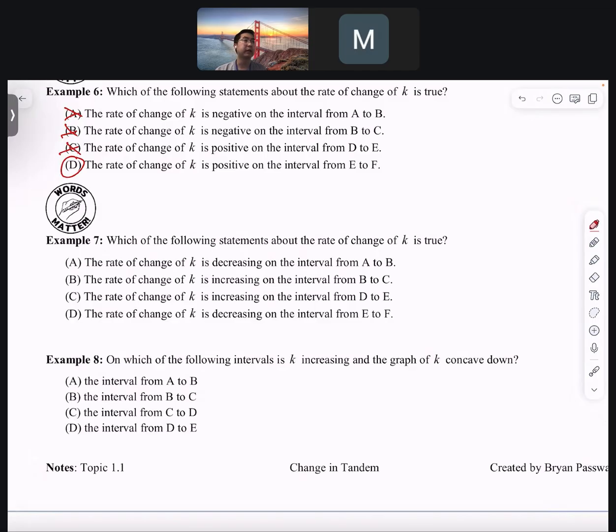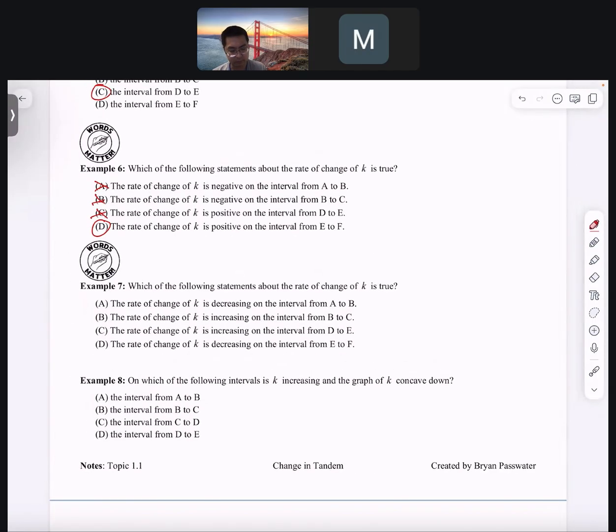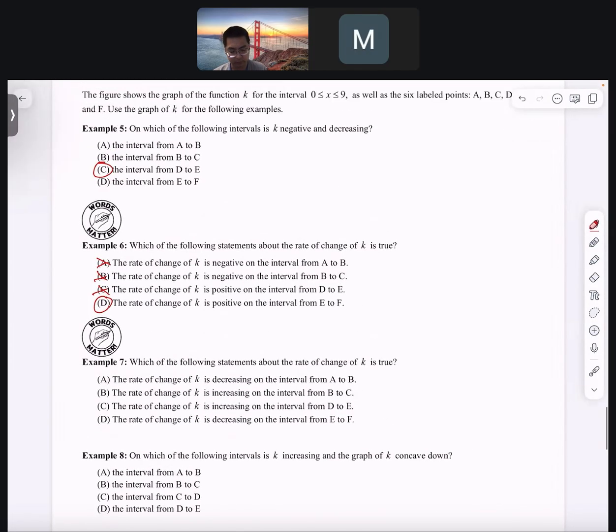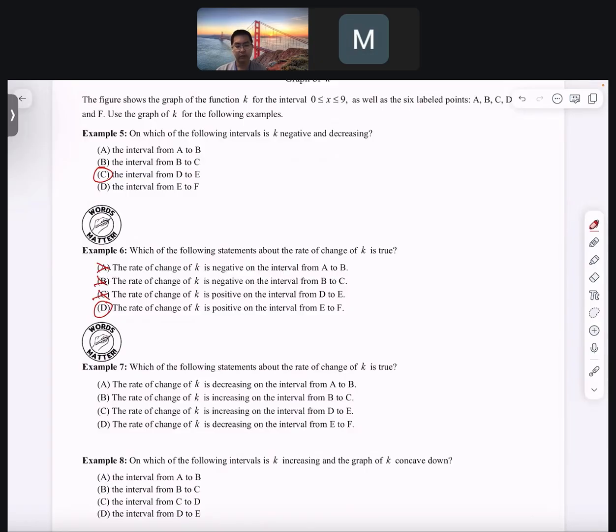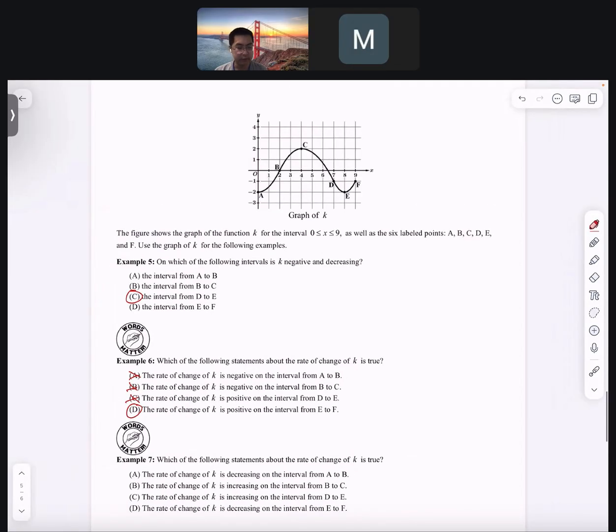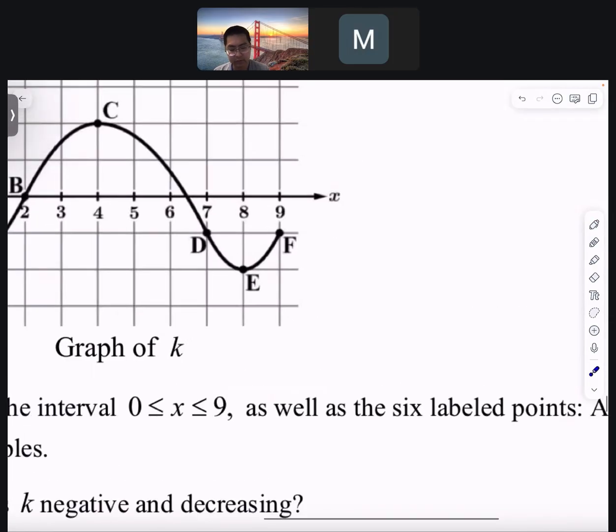Which of the following statements about the rate of change of k is true? This is talking about whether the rate of change of k is decreasing or increasing, basically. If we take a look at this, your answer choice should have been letter C. The rate of change of k is increasing from D to E. Now, is that true?